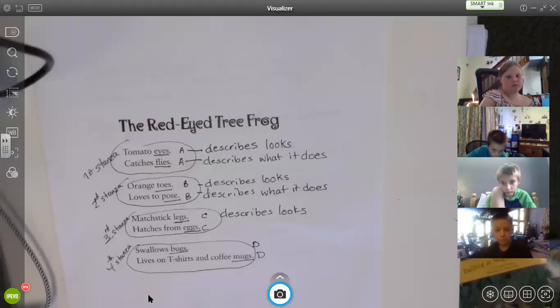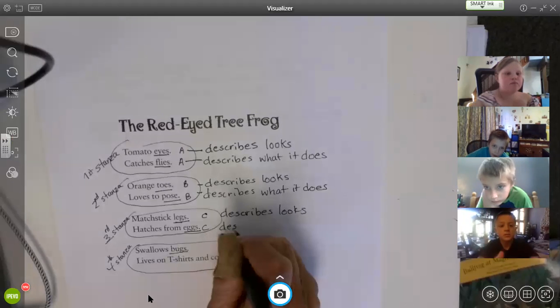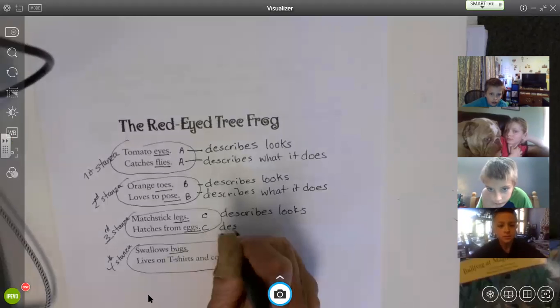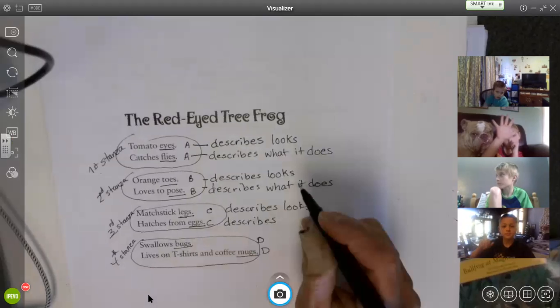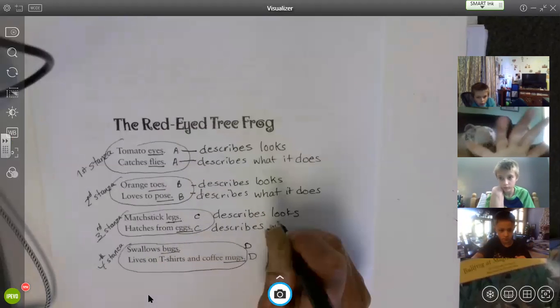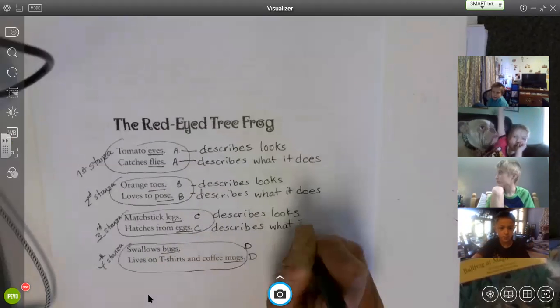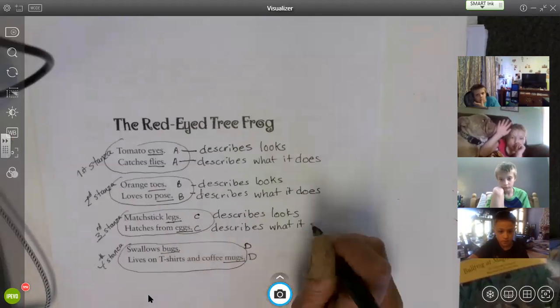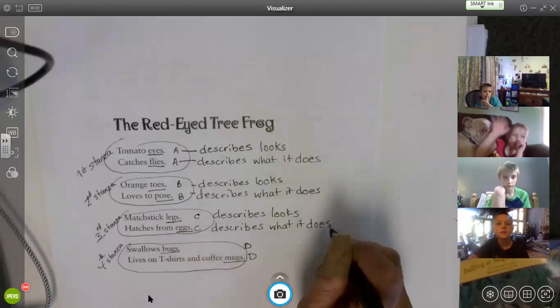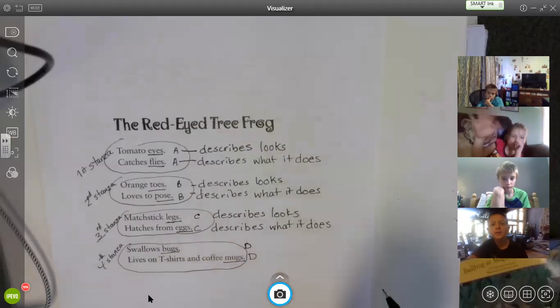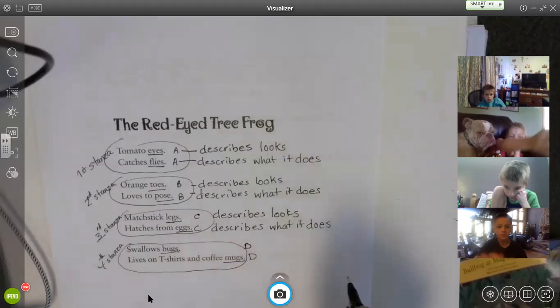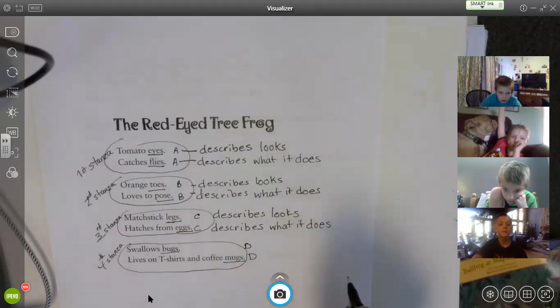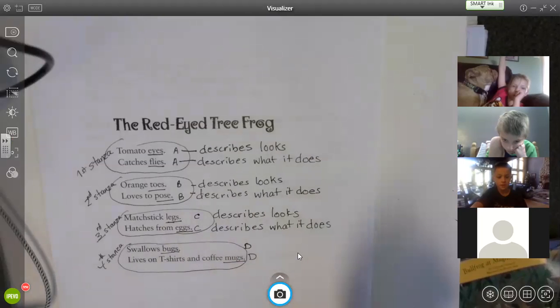This time it's not describing its looks, but it's describing what, Ryder? Hatches from eggs. Describes what? I think you're muted. Okay, I can't hear you.